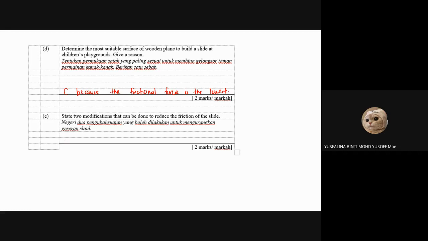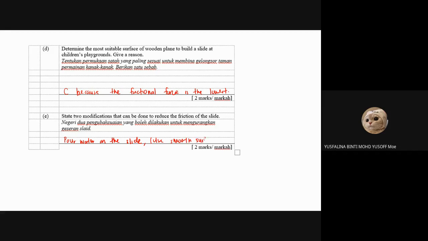Some of you said pour water on the slide, add soap and water, use smoother material. Actually, for this one you can just say use smooth surface. That one is the correct one actually.